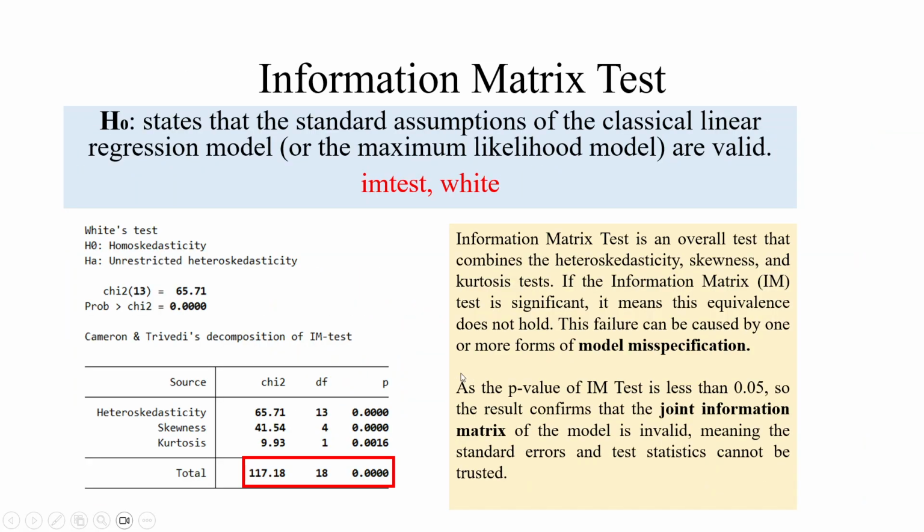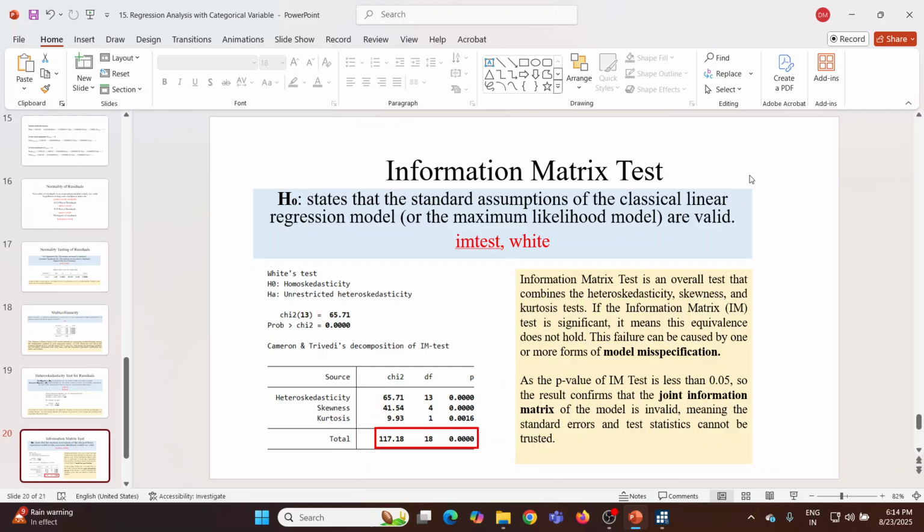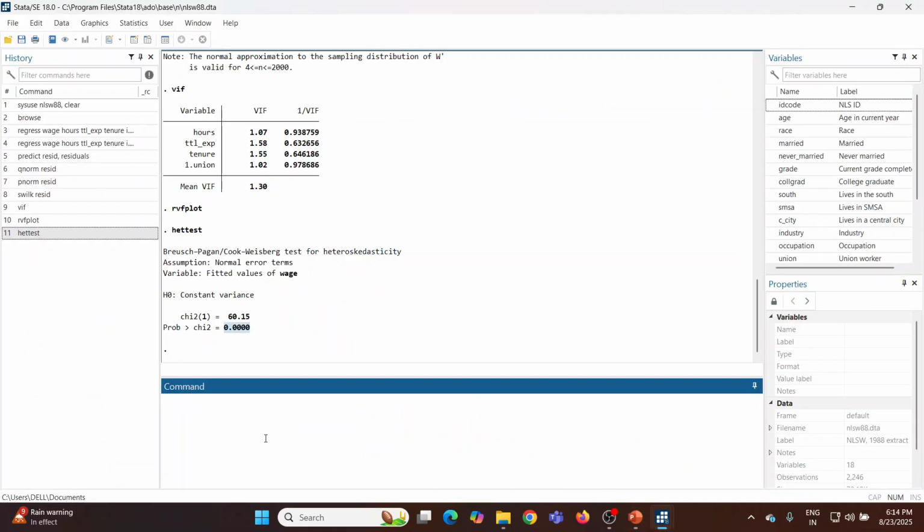Okay. Next is the information matrix test. The null hypothesis states that the standard assumptions of the classical linear regression model or the maximum likelihood model are valid. For this, we will run the command imtest, white. So I'll go here, imtest.